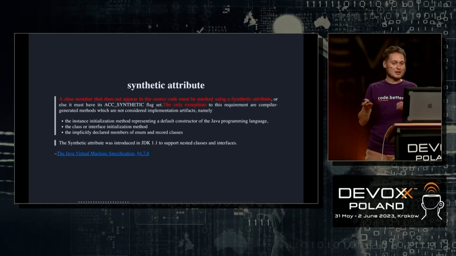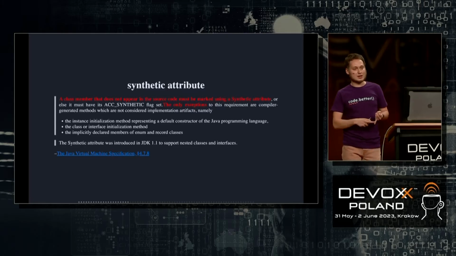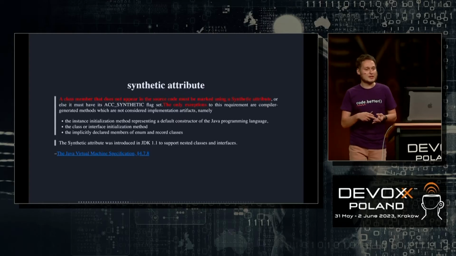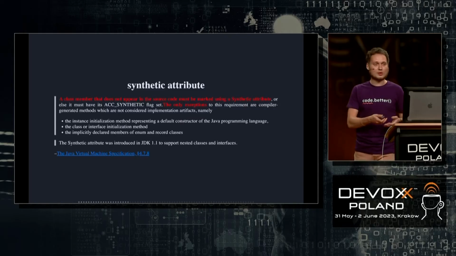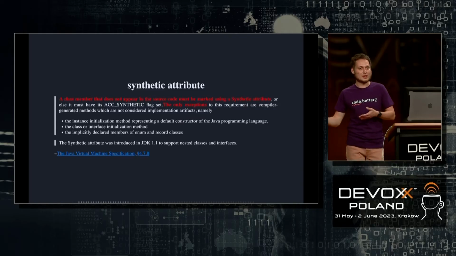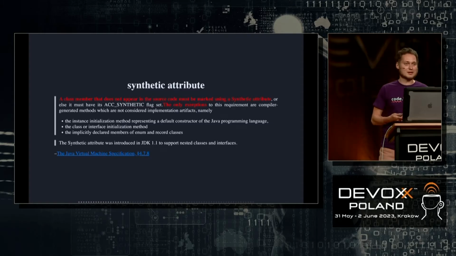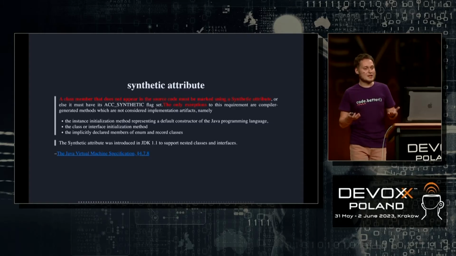The only exceptions here are the instance initialization method, the default constructor, we saw it, the class or interface initialization method, and implicitly declared members of enum and record classes. For enums, you probably can guess, every enum has the methods valueOf and values. They are not marked as synthetic. Why are they not marked as synthetic? Why those exceptions?